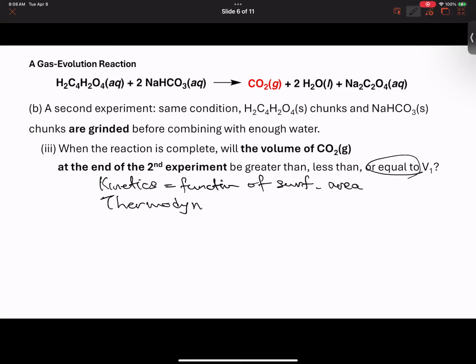The spontaneity of this chemical reaction is not affected. So when the reaction goes to completion, it takes longer for the first reaction, definitely, but at the end of the chemical reaction, the amount of carbon dioxide gas will be the same.